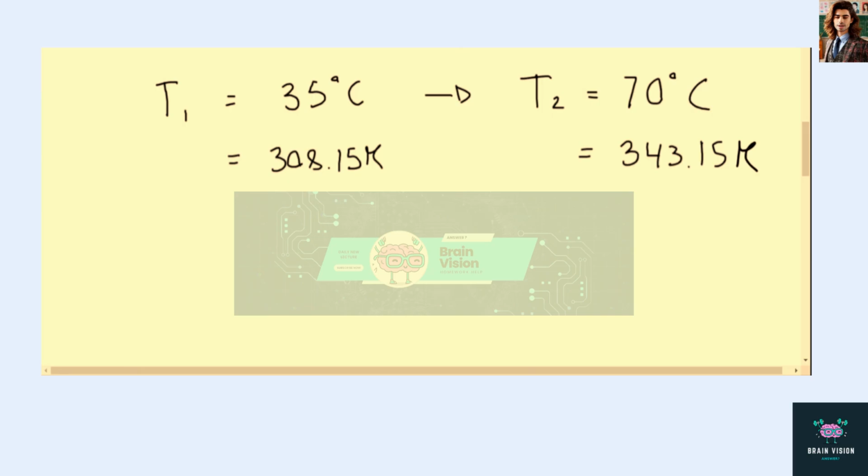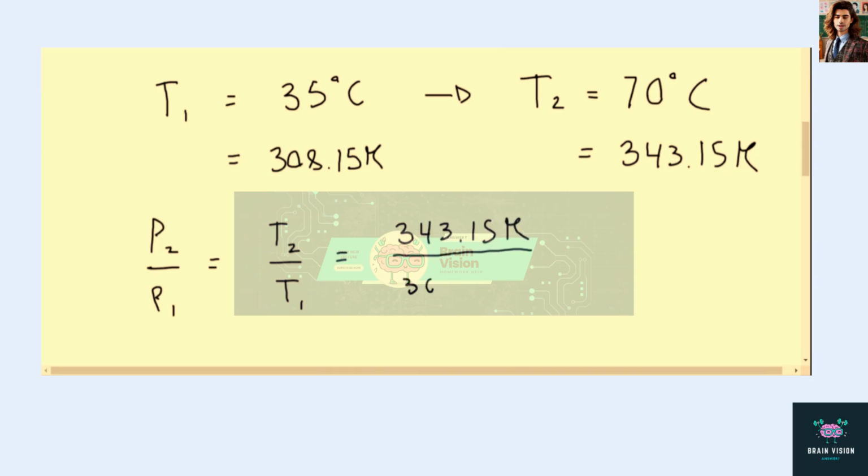So if we do the exact same thing as before, say that the ratio of P2 to P1 is the same as T2 to T1, which is the same as 343.15 Kelvin over 308.15 Kelvin, we're going to get a value of 1.11.